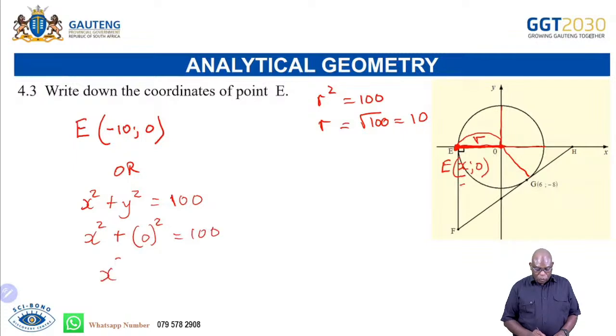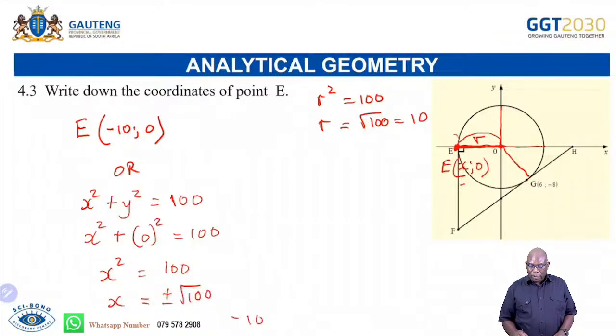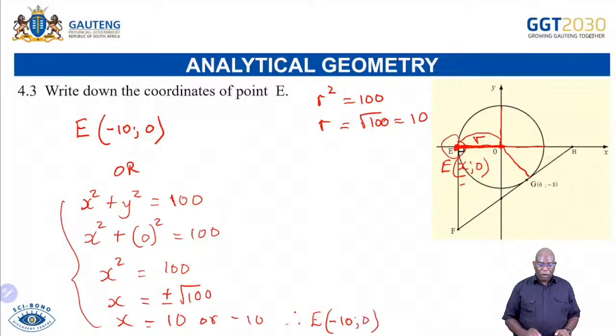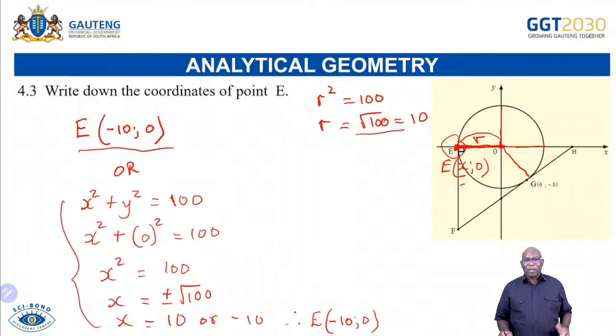Then I'll get x squared equals 100, and I can get x equals plus or minus the square root of 100. I'll get x equals 10 or negative 10. But at point E, I know it's on the left-hand side of 0. Therefore, my E coordinate will be negative 10 and 0. See? So I can either go this route or I can just get the value of the radius. That's an easy way to do it.